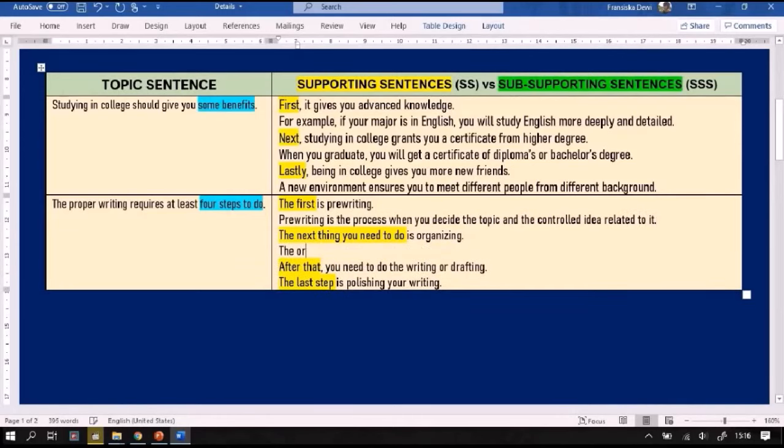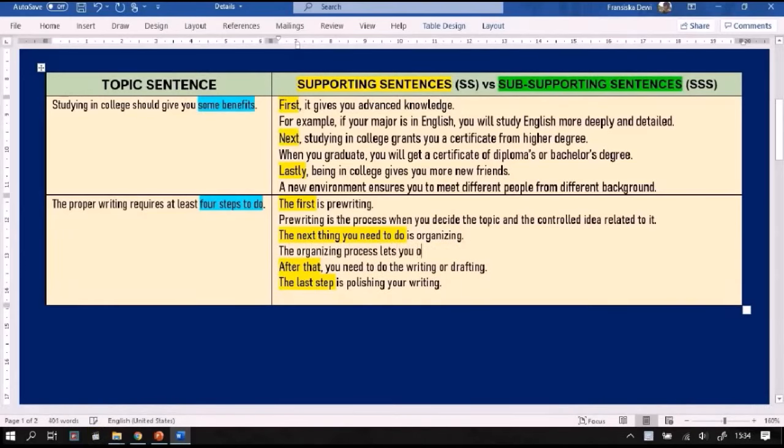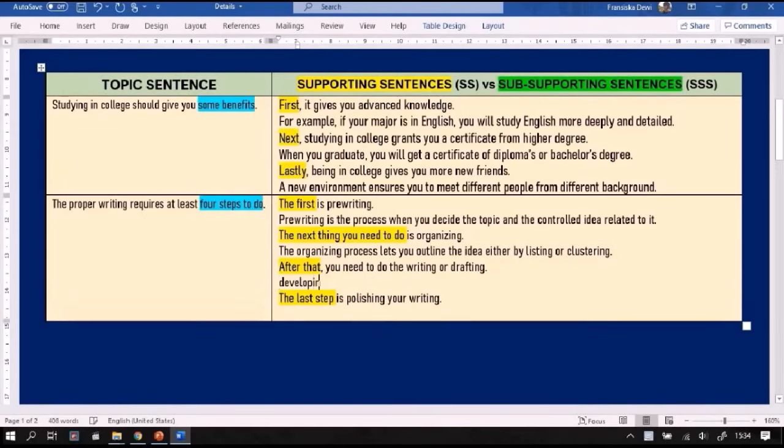Just for your information, you can have more than one sub-supporting sentence for each supporting sentence. You can have 2 or 3, but remember that you don't need too many sub-supporting sentences because you don't want your paragraph to be too long. So having 1 or 2 sub-supporting sentences should be enough.